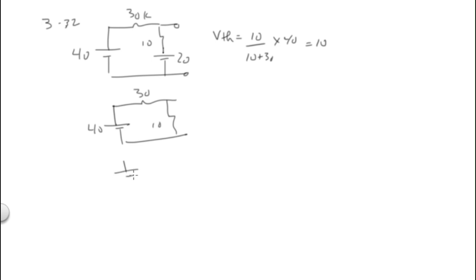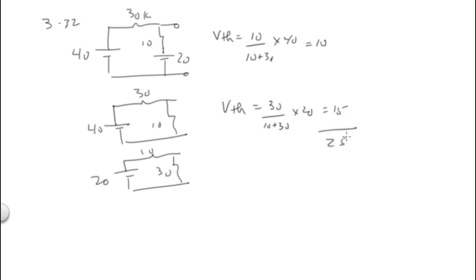The other way is 20 volts, 10K, 30K. And then I can find V Thevenin here. It's 10. V Thevenin the other way is what? 30 over 30 plus 10 times 20, or what? 15. Add the two together, I get 25. So V Thevenin total is 25.